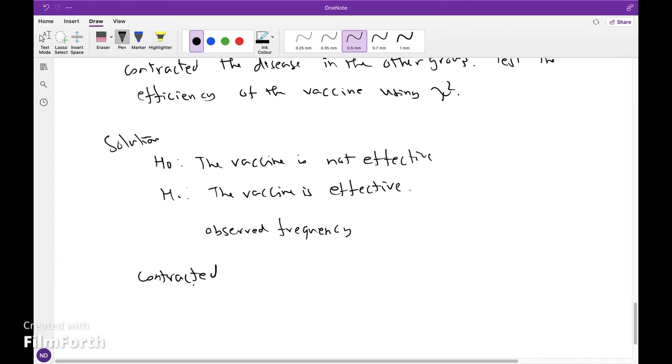Contracted the disease, not contracted the disease. Vaccinated, not vaccinated.